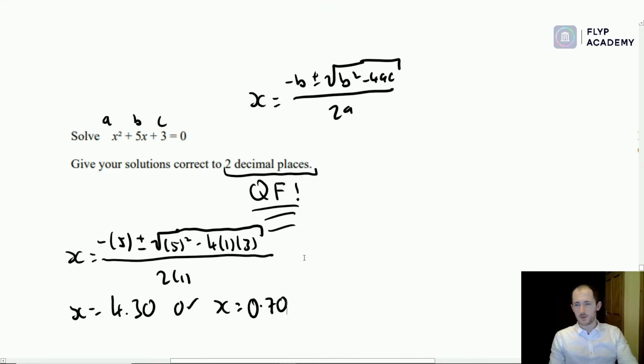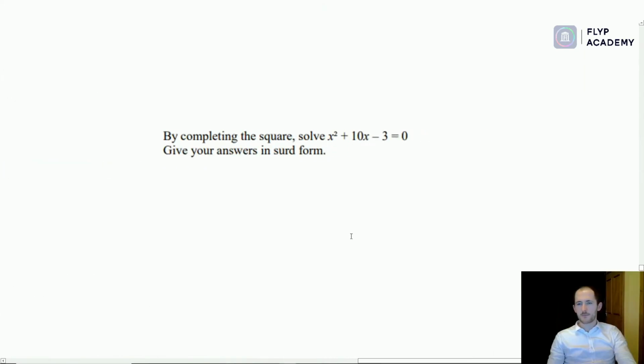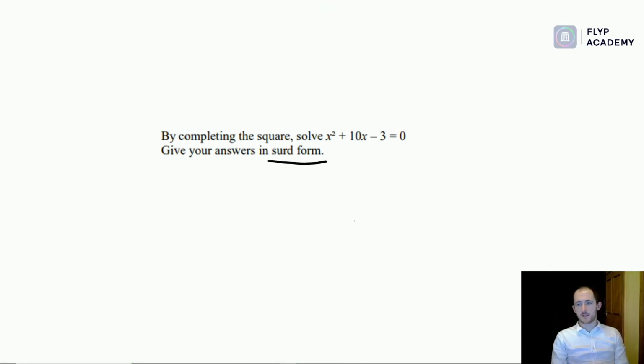And then for the last one, we're going to do completing the square. Okay, so completing the square. So it specifies by completing the square. The other thing it could say is if it just specifies third form, it's a good hint. Okay, but usually they will just tell you. So again, with completing the square, we put a bracket.